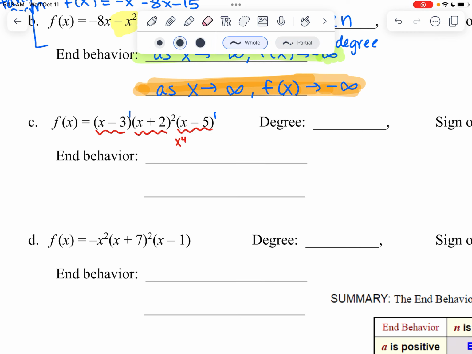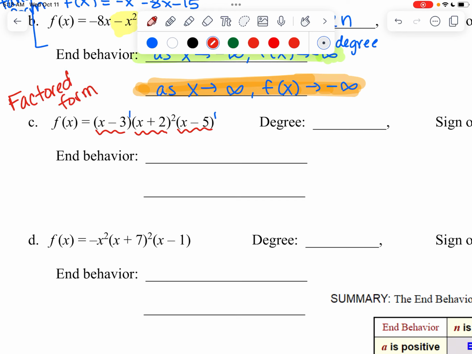So what you can do to identify the degree when you're looking at factored form, which is a different way of looking at the polynomial equation, is identify the degrees of each of our factors. So here we have x minus 3 to the first, not degree, but really what is the exponent. So we have one factor of x minus 3, two factors of x plus 2, and one factor of x minus 5.